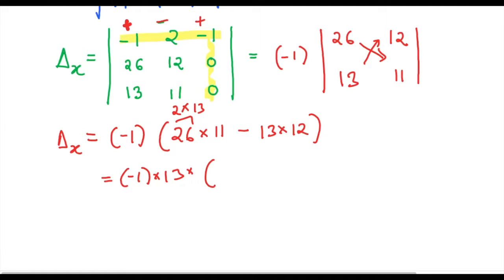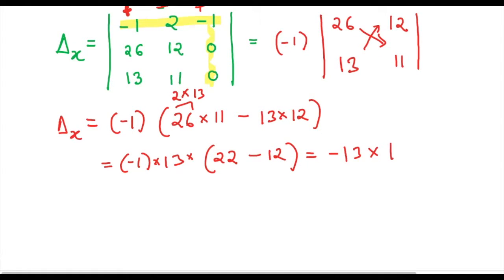Inside the bracket will be 2 into 11, that is 22, minus 12. So this will be minus 13 into 10. So this will be minus 130.